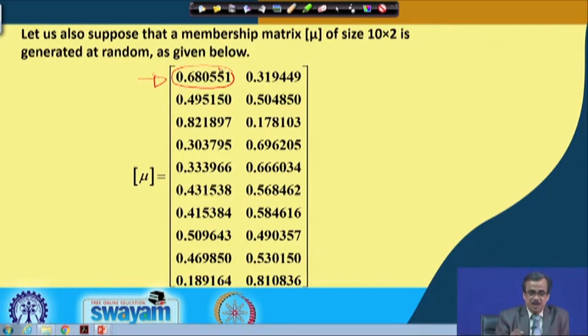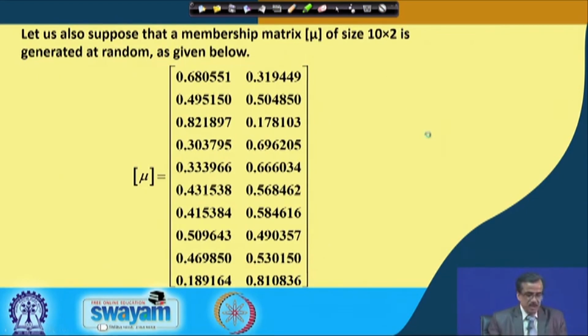Similarly, the membership value of the second data point with respect to the first cluster center is nothing but the mu value, and similarly for the third data point, it is a numerical value.